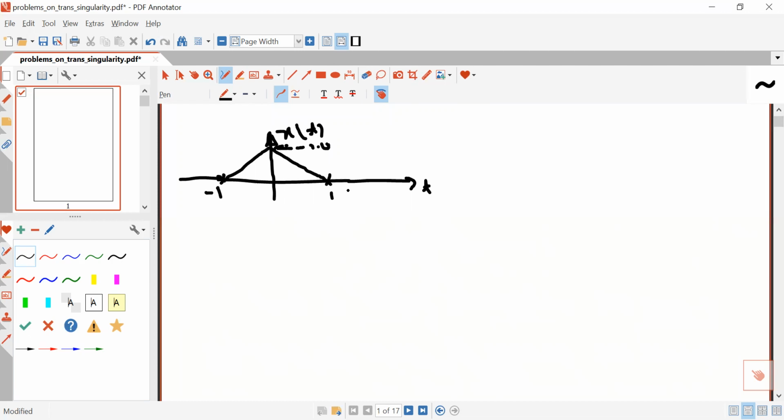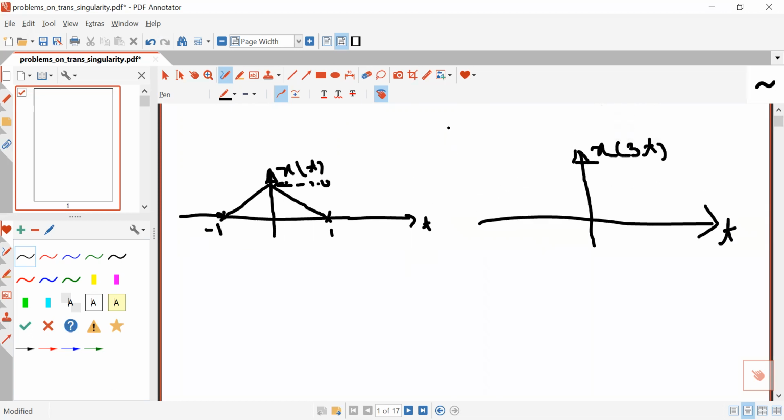Now, from this original signal, you have to draw x(3t). How will you draw x(3t) from the original signal? So this is basically scaling. In this case, a is equal to 3, which is greater than 1. It means the resultant signal will be compressed, because here a is greater than 1.